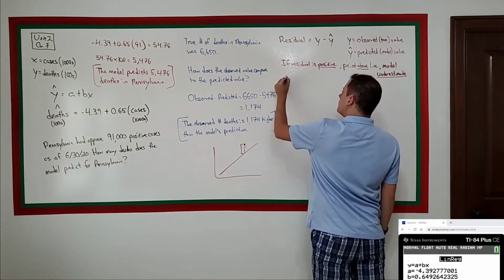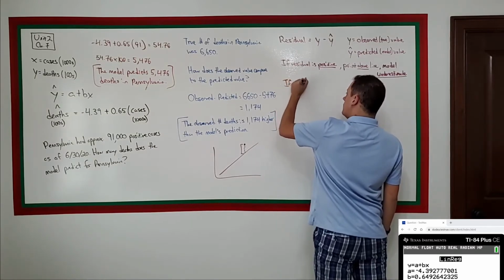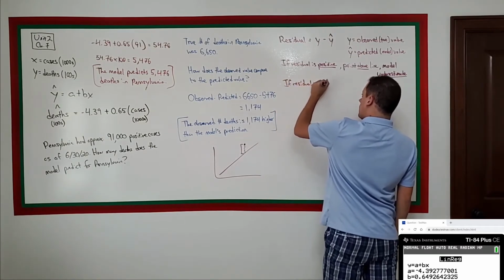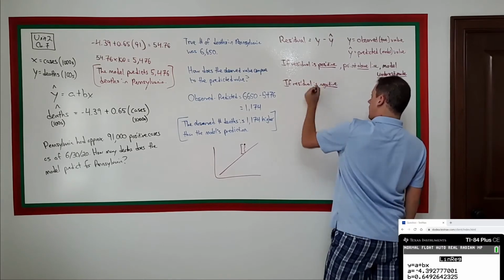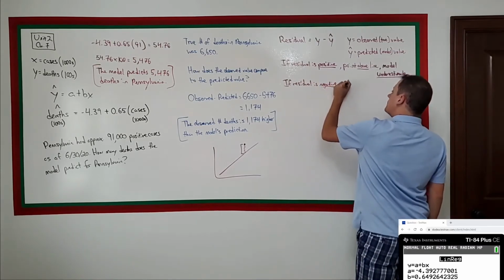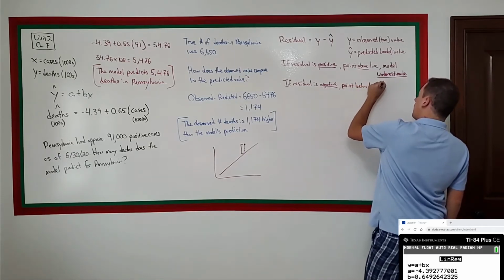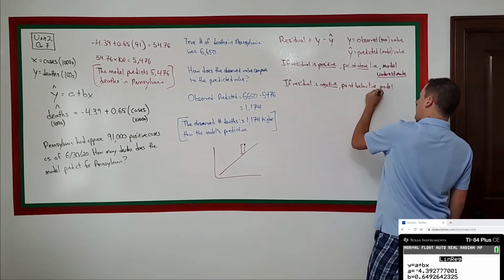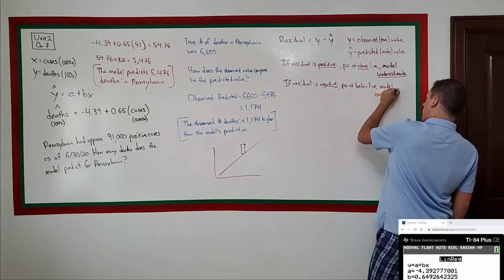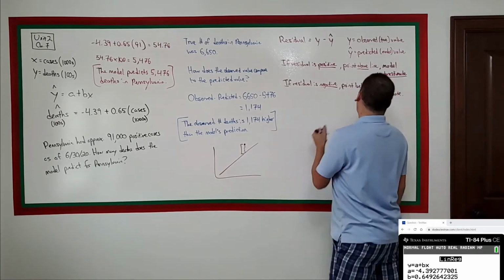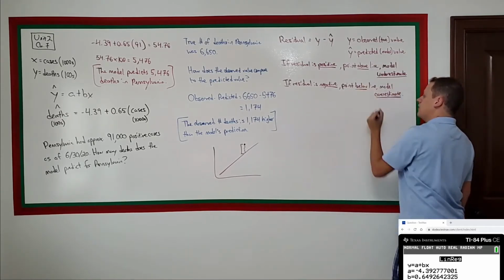Conversely, if the residual is negative, the point is below the line, and your model is an overestimate for that point.